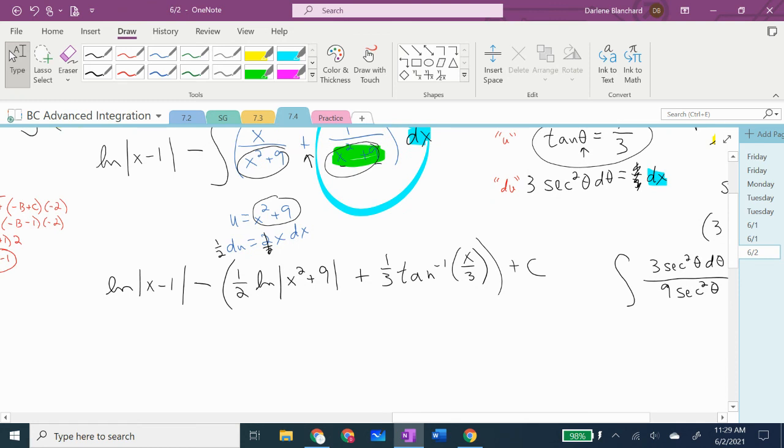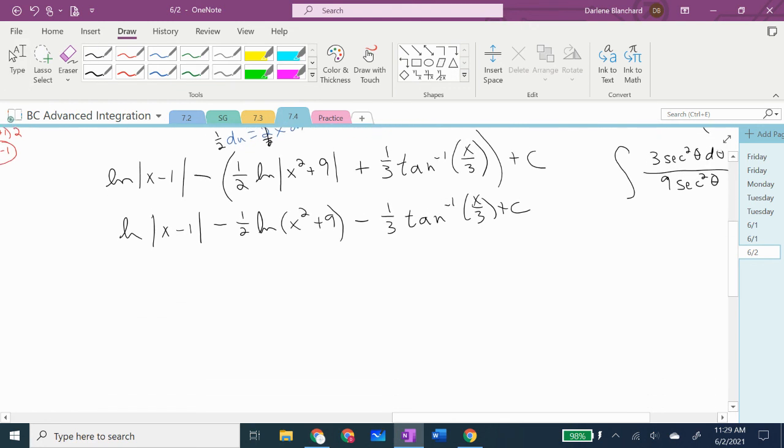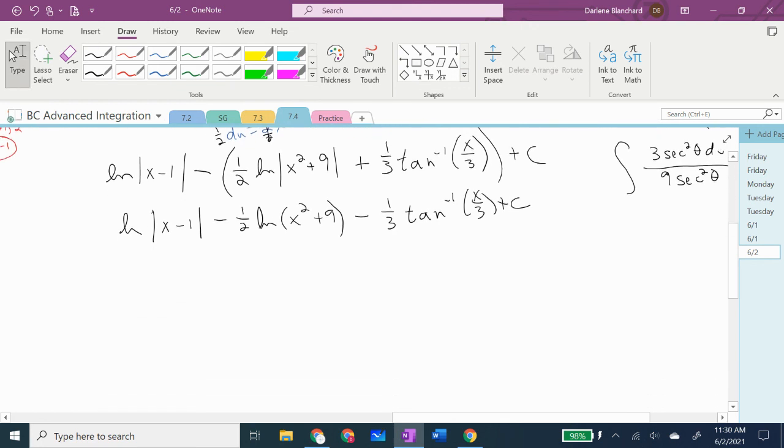I can simplify a little bit. First, I need to distribute my subtraction. I don't need the absolute values. Subtraction. And I can simplify with log rules.